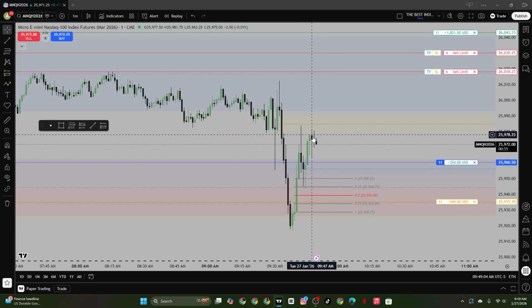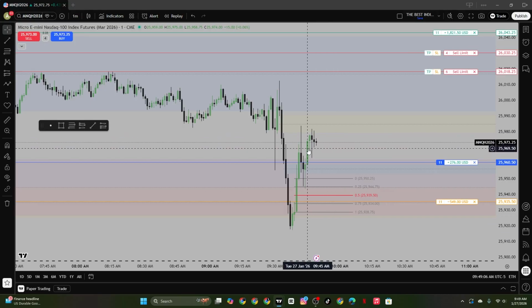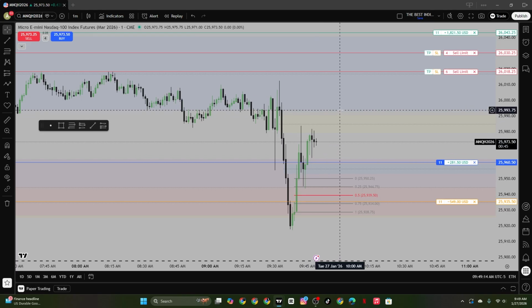I'm paying attention to where price is not trading through, right? I want to see if we can stay upper quadrant of this wick and start to deliver off of that.